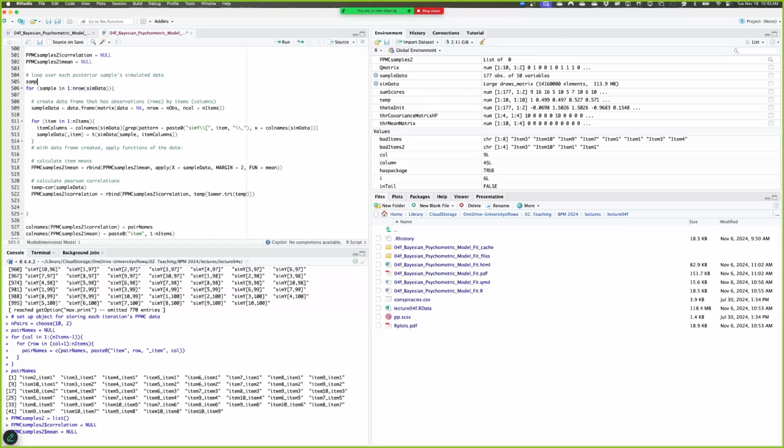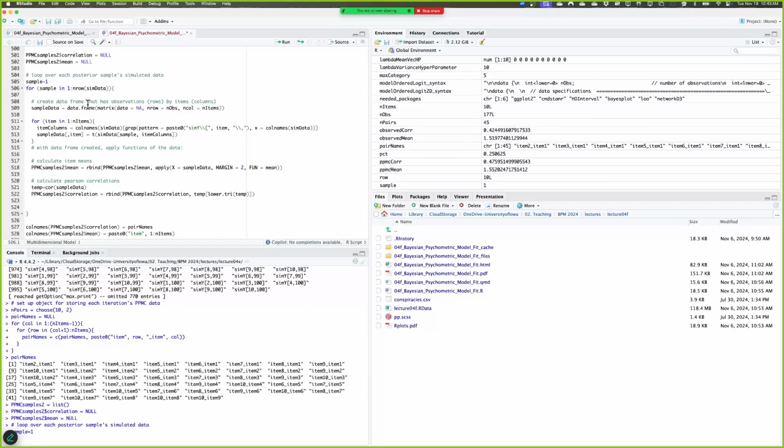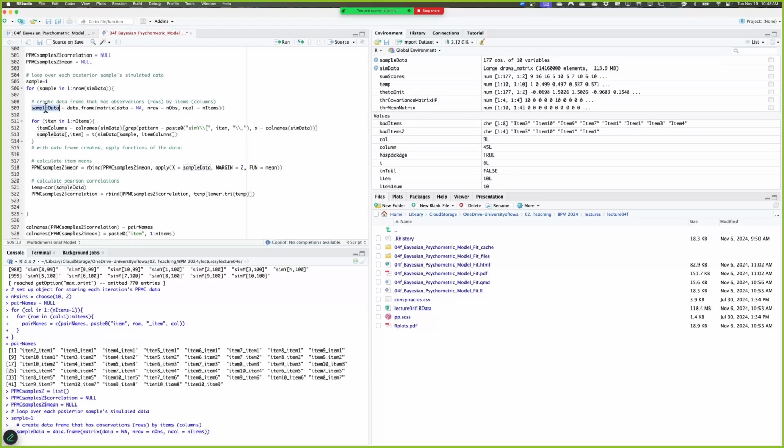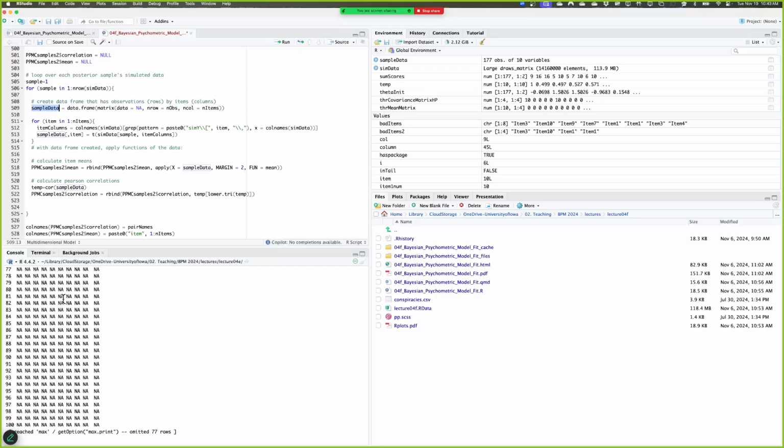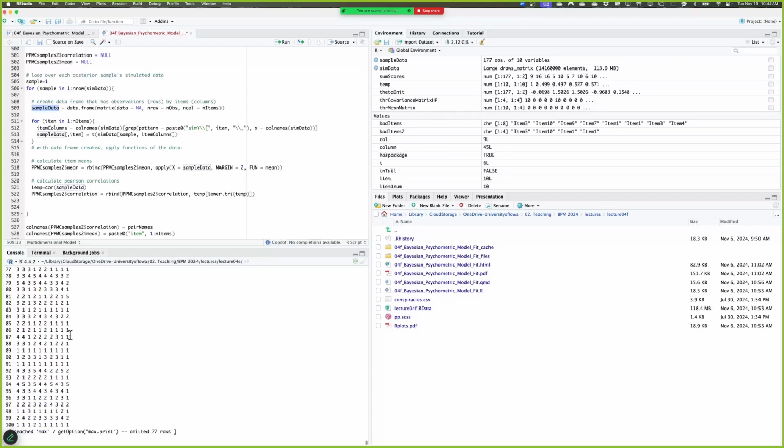So if I say sample equals 1, I have my sample data frame. This is what I'm going to fill in with the data from Stan that was generated. This loop right here figures out where those data are and fills in sample data. So sample data now looks like a data matrix, like we would have observed, right? But this is simulated from Stan.